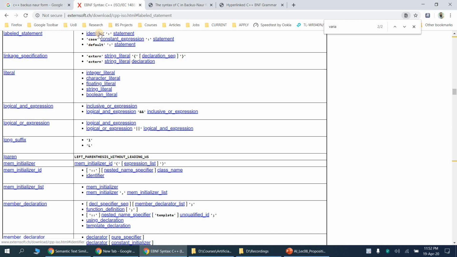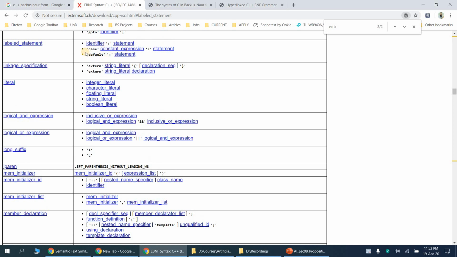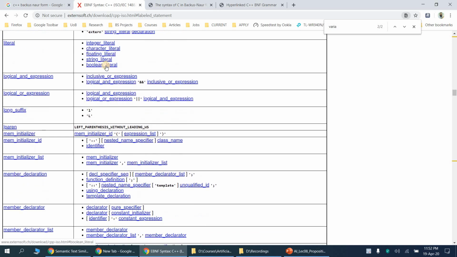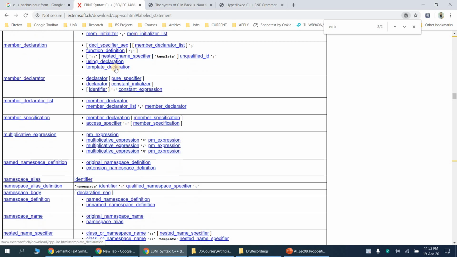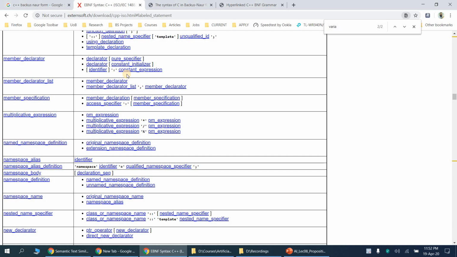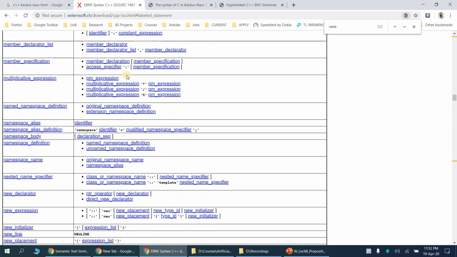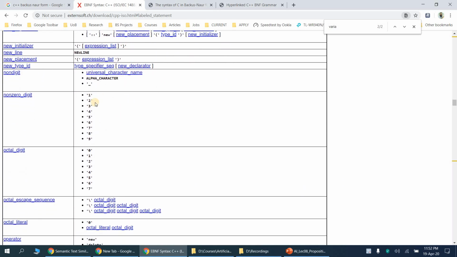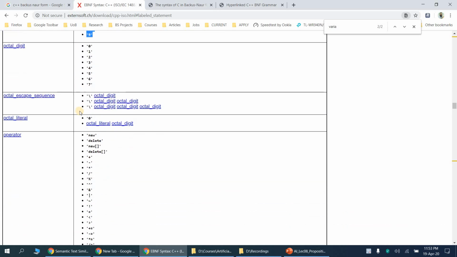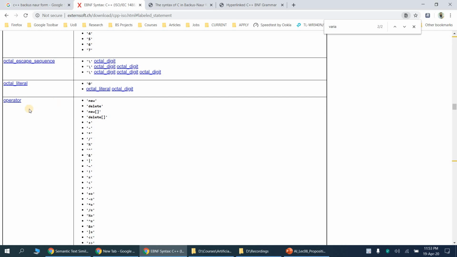A labeled statement, for example, can be like this. This is, I think, for the switch case. These are the digits that are allowed in this language. These are all the operators that are allowed in the language.